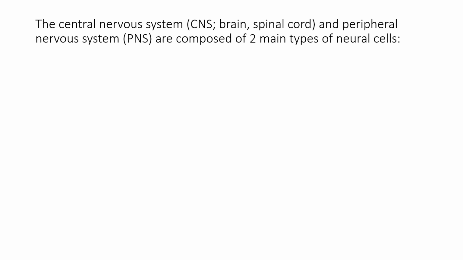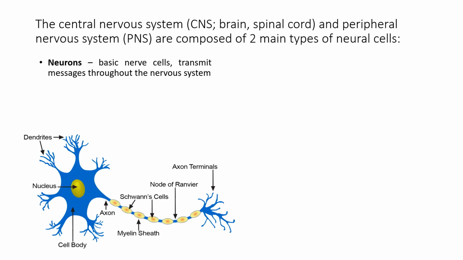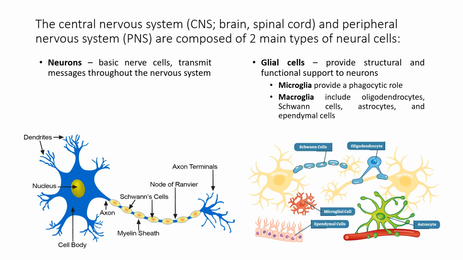The central nervous system and peripheral nervous system are composed of two main types of neural cells. First and foremost, of course, you have the neurons, which are basic nerve cells that function to transmit messages throughout the nervous system. And then you also have the glial cells, which provide structural and functional support to neurons. There are several types of glial cells.